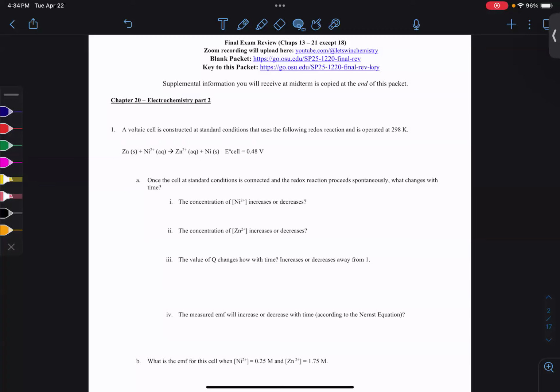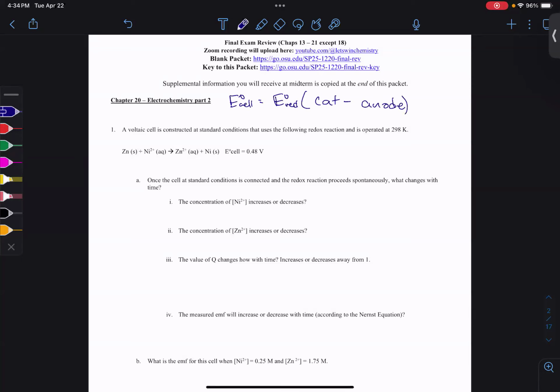Whenever we use the equation E cell naught, notice naught meaning standard conditions, when we calculate E cell for a voltaic cell, it's typically the reduction potential at your cathode minus your anode. Both of those numbers are reduction potentials.